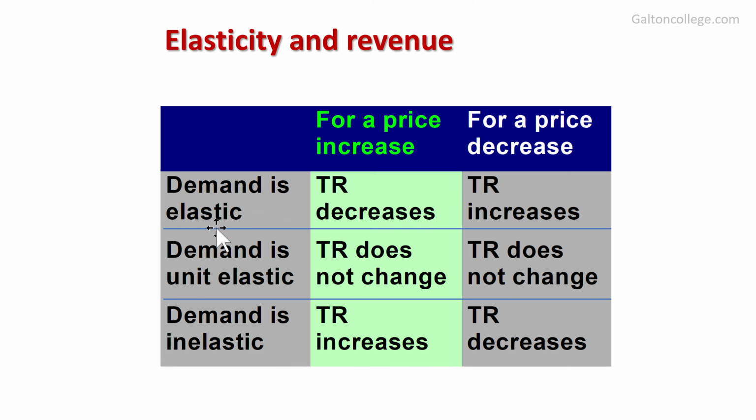So when the demand is elastic, we'll have these impacts on the company for price changes, which have to be borne in mind by the people in the companies when they're setting the price. If the demand is unit elastic, that means if the elasticity is equal to 1, then cutting the price or increasing the price doesn't do anything.